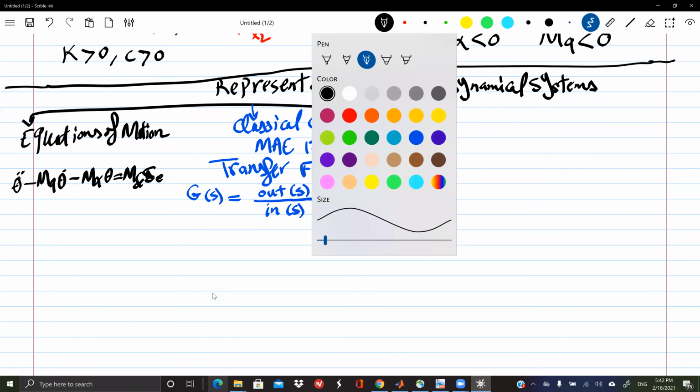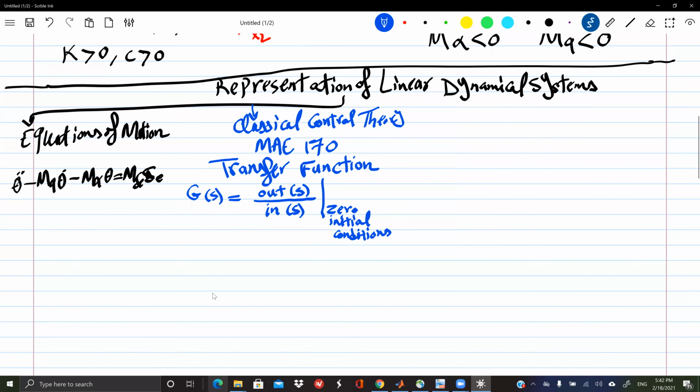So now theta double dot will be S squared theta in the S domain, minus M_q, which is a constant, theta dot will be simply S theta of S, minus M_alpha, which is a constant, theta will be just theta of S, equals M_elevator of S. Any question about this last blue equation?